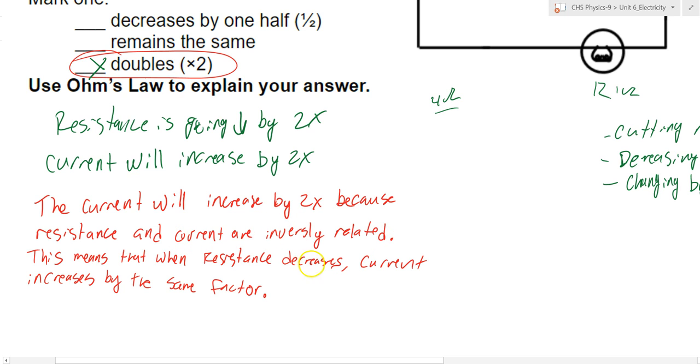This means that when resistance decreases, current increases by the same factor. So you need this in order to get full points for a problem like this.